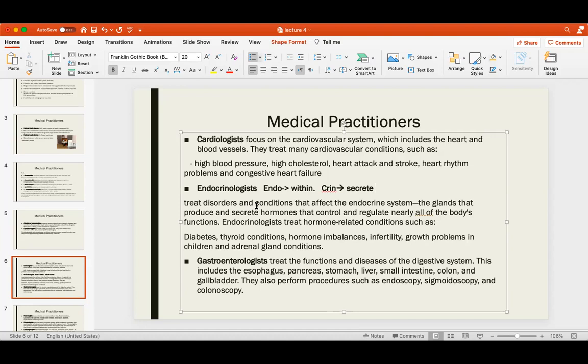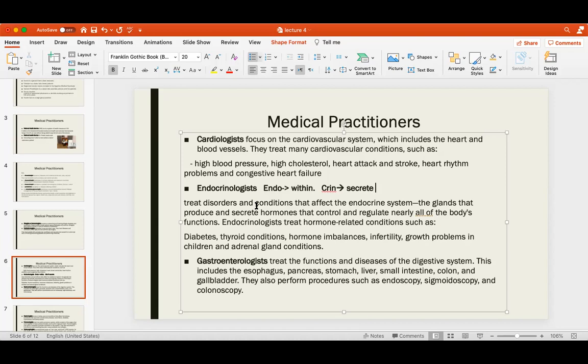What is the endocrine system? The glands that produce and secrete hormones that control and regulate nearly all of the body's functions. Endocrinologists treat hormone-related conditions such as diabetes, thyroid conditions, hormone imbalances, infertility, growth problems in children, and adrenal gland conditions.